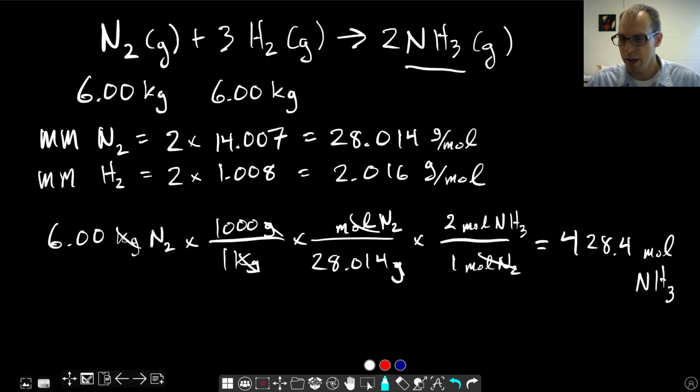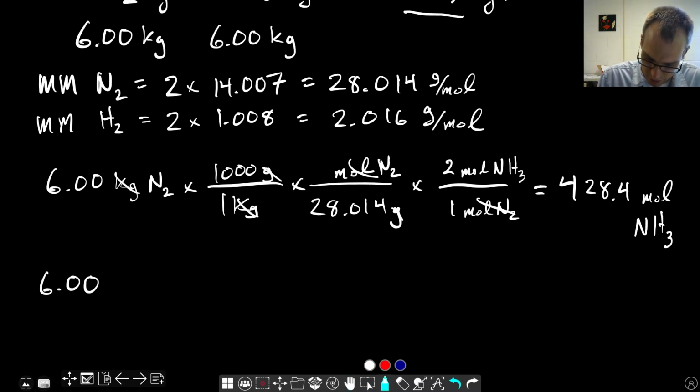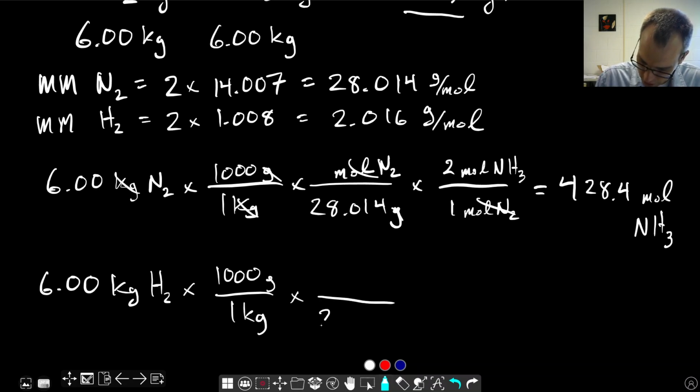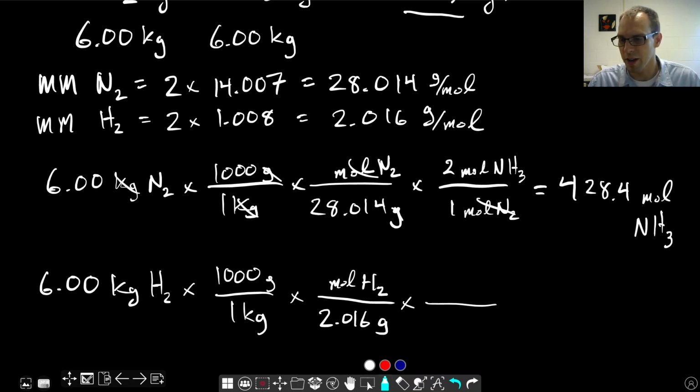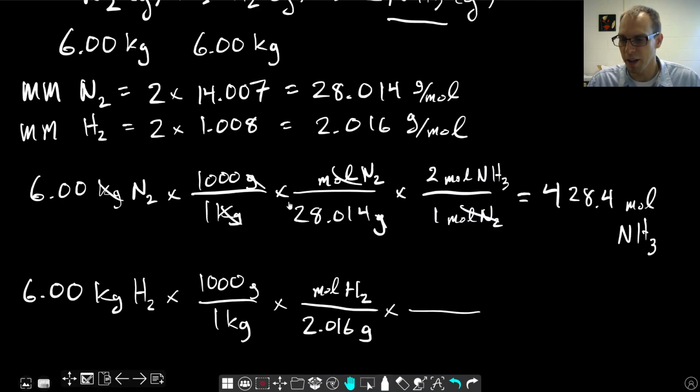All right, and then we can repeat that same calculation but use our hydrogen. Since we started with the same mass, we start with 6.00 kilograms of hydrogen. The unit conversion is the same, 1,000 grams for every kilogram. Our molar mass is now different, 2.016 grams per mole of H2. And our stoichiometric factor from the balanced chemical equation is different as well. It takes 3 moles of hydrogen gas to produce 2 moles of ammonia gas.